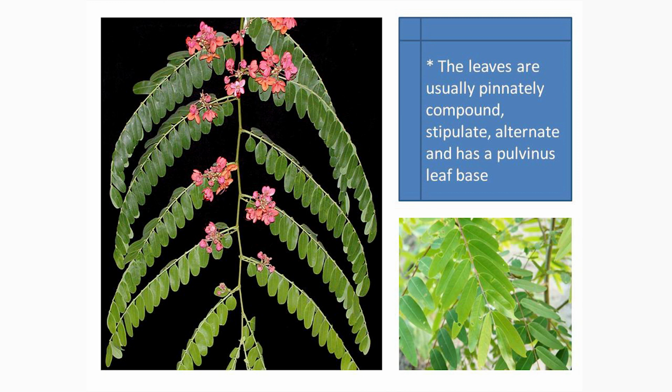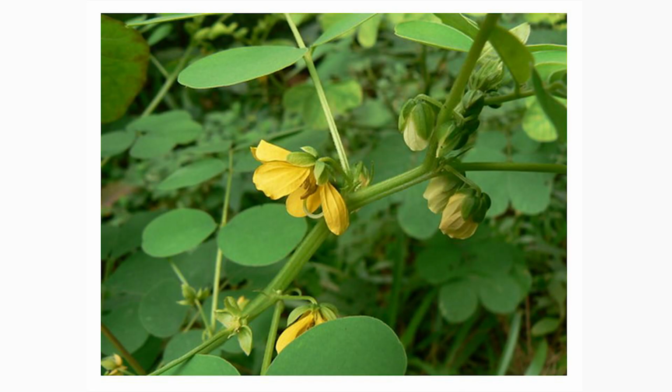The petiole or the stalk of the leaf possesses a well-defined pulvinous base, and the leaflets are small and possess entire margin, acute or acuminate tip and reticulate venation. The leaves are bright green in color, and the lush green foliage adds to the beauty of the trees.